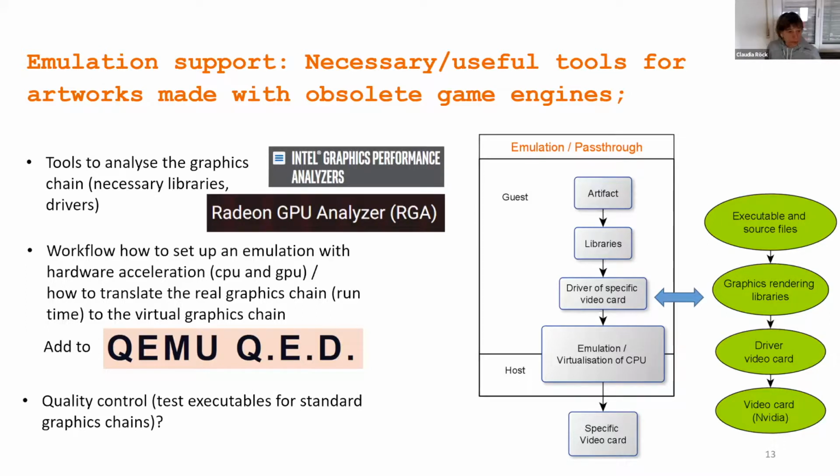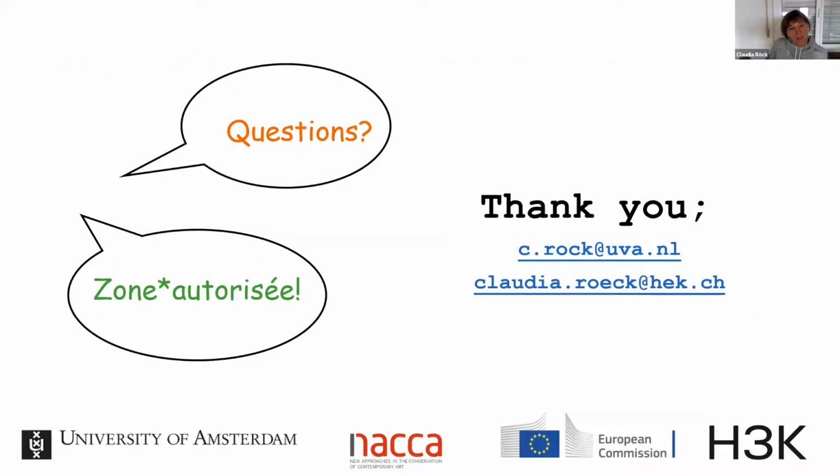And then the last point I want to stress is that it would be nice to have some test executables or test videos for standard graphics chains. So now I'm curious about your experiences with emulation of graphics intensive works.